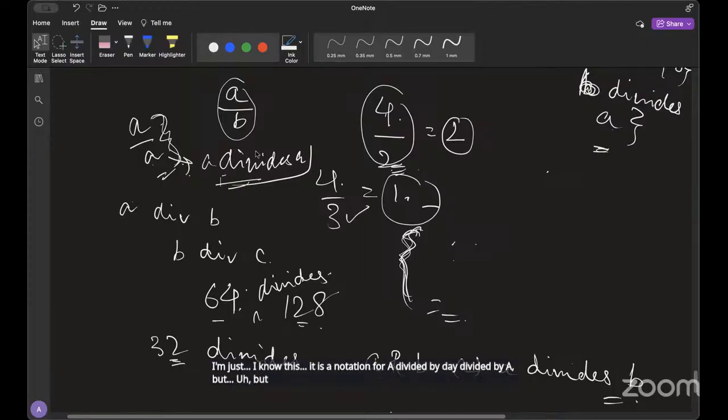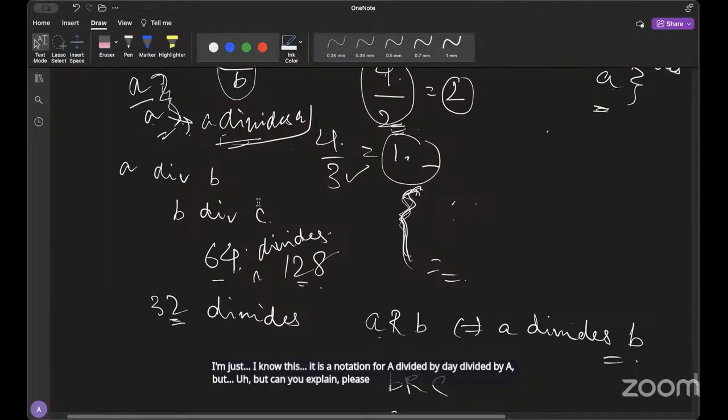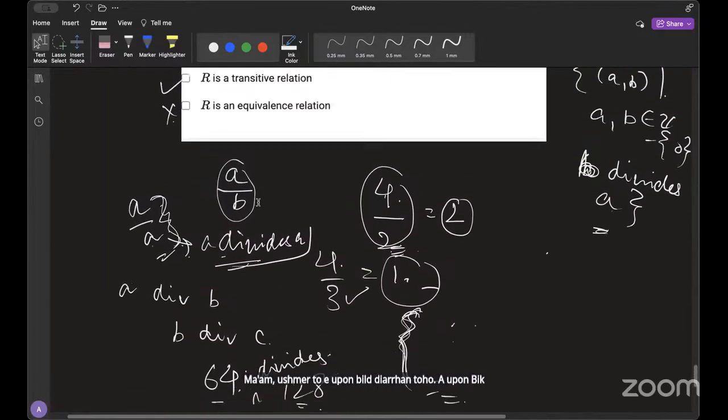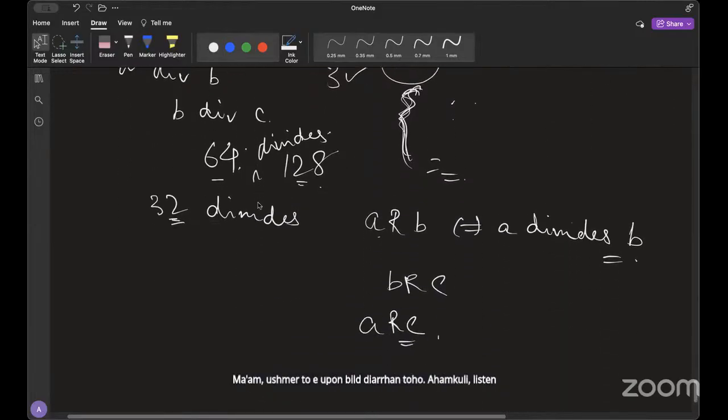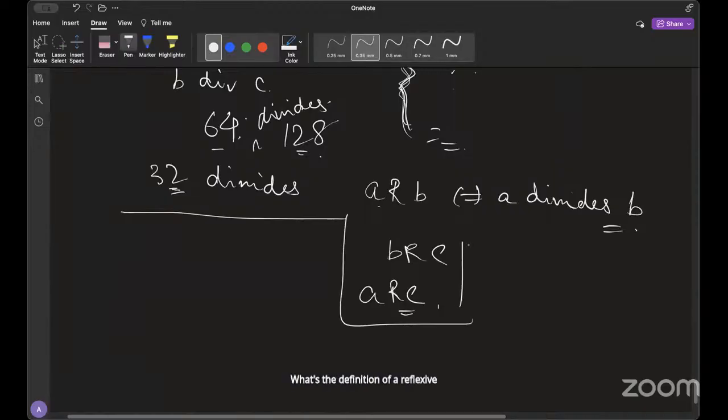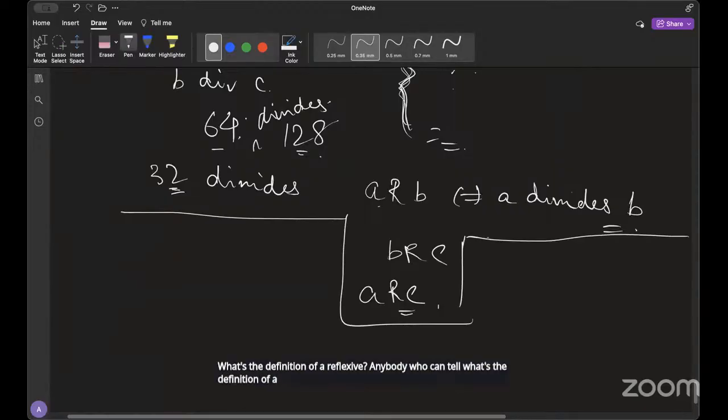Can you please explain, ma'am? What is the definition of a reflexive relation? Anybody who can tell what's the definition of a reflexive relation? No, that's not how you define it.